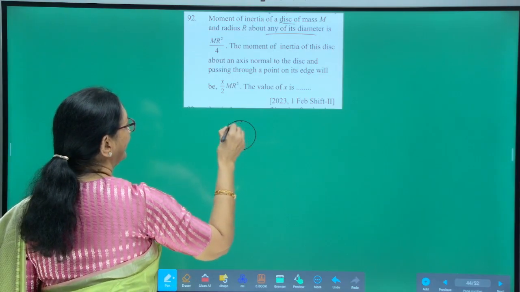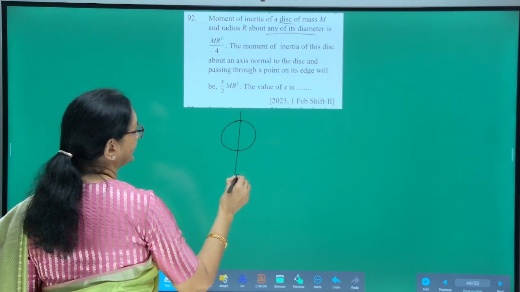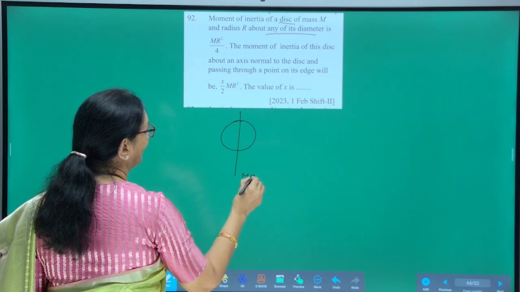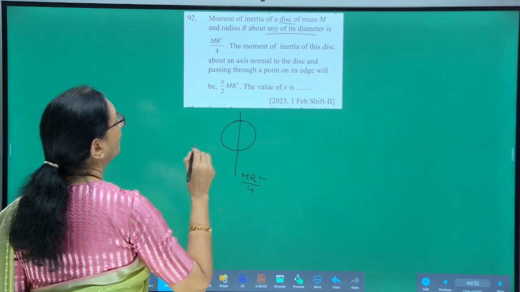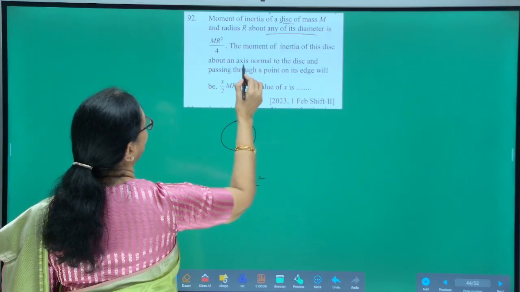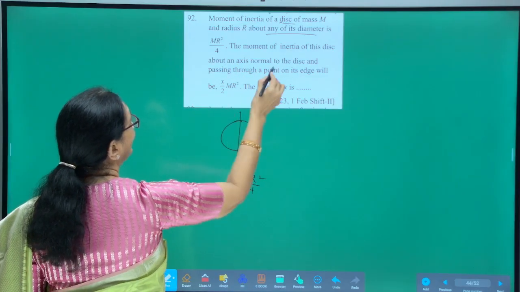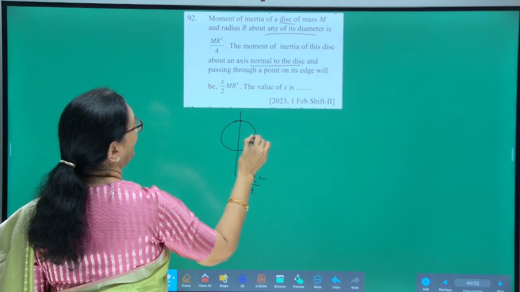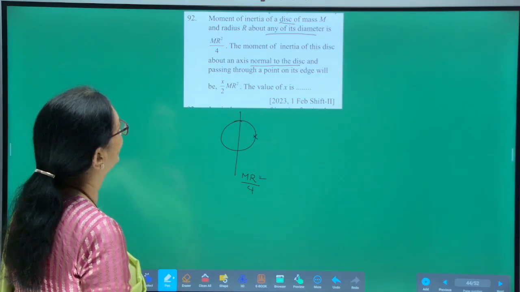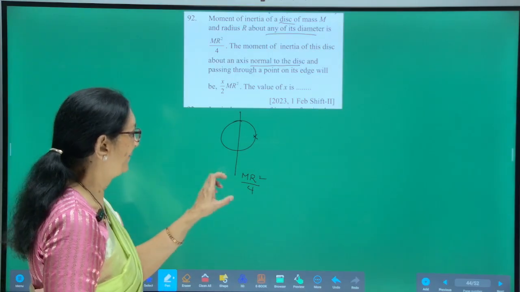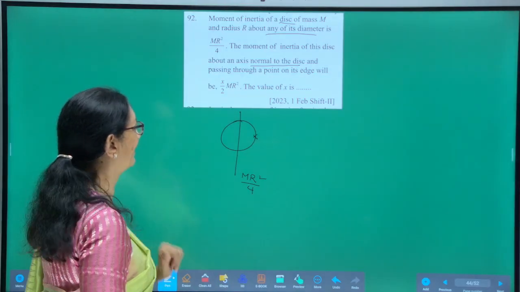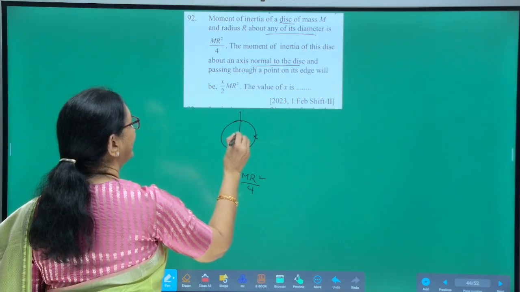Look here, it is given moment of inertia of this disc about the diameter is mr²/4. What is asked? Moment of inertia of this disc about an axis normal to the disc and passing through the point on its edge.